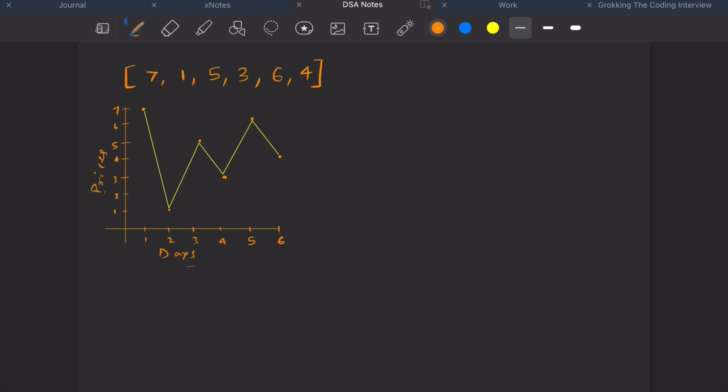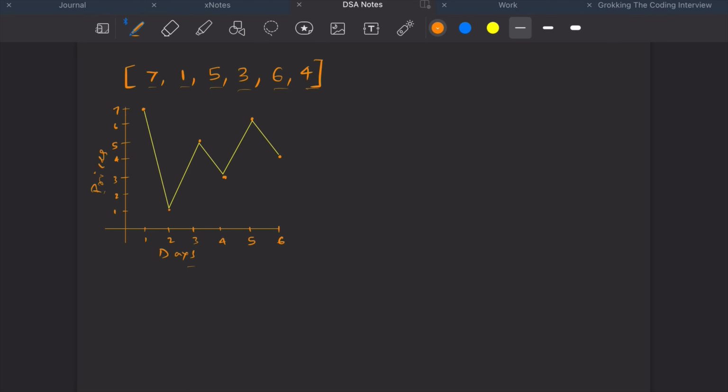We can maintain two variables called maximum profit and minimum stock that would carry the lowest stock value we've seen up until now. And we could go through each one of these at every iteration.